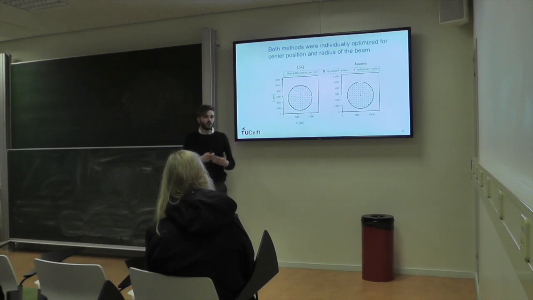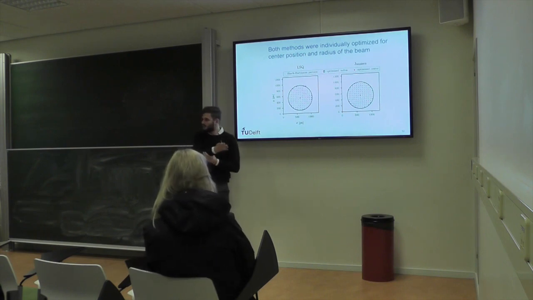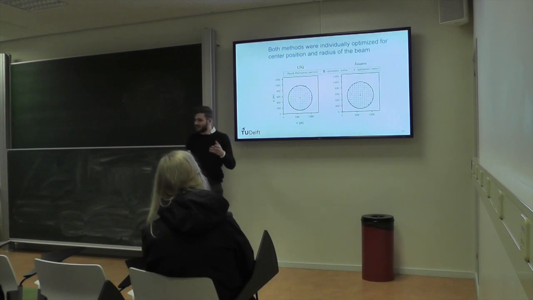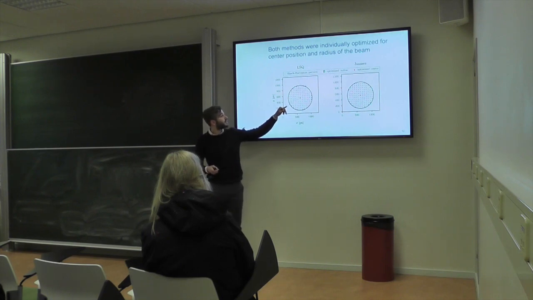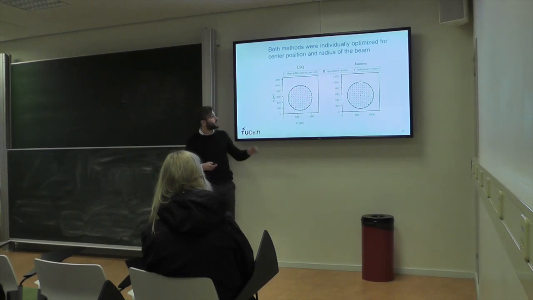Here we see a typical Shack-Hartmann pattern, and I want to show you that it is important that the radius and the center position are optimized. If you remember from the theory, the radius was an important part of these derivatives of the wavefront. Here on the left we see the actual sensor with the spot positions in blue, the optimized center position in orange, and the radius in black. And as you can see, this is the optimized position.